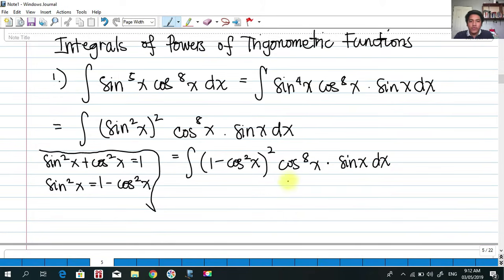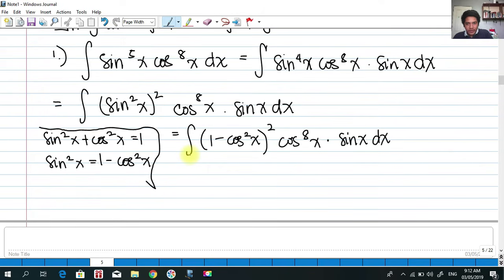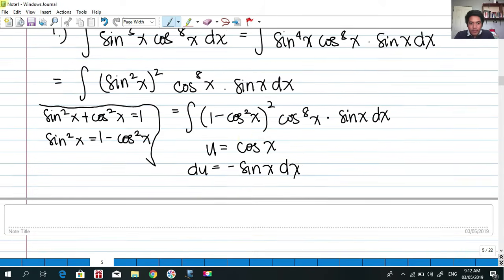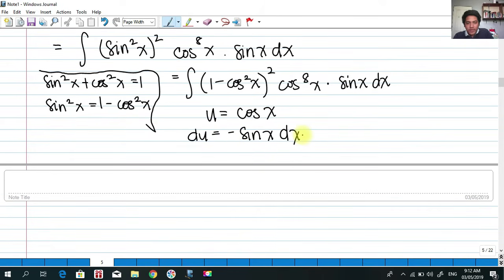Notice here that we can use the u substitution. Okay? We can really use the u substitution here if we let u be equivalent to cosine of x, and to get du with respect to x, that is negative sine of x dx, of which we have already here the sine of x dx, but in our corresponding derivative we have a negative, so we have to offset a negative sign outside of the integral.